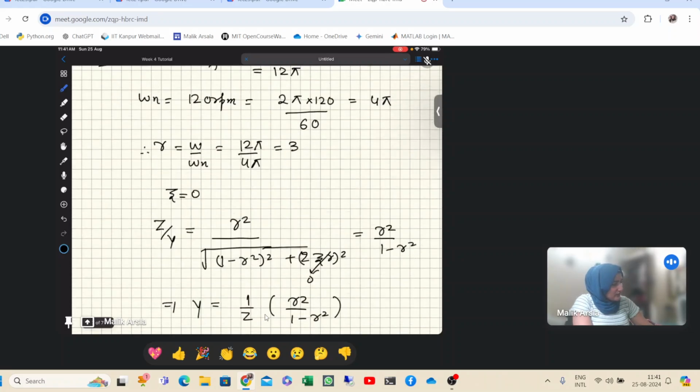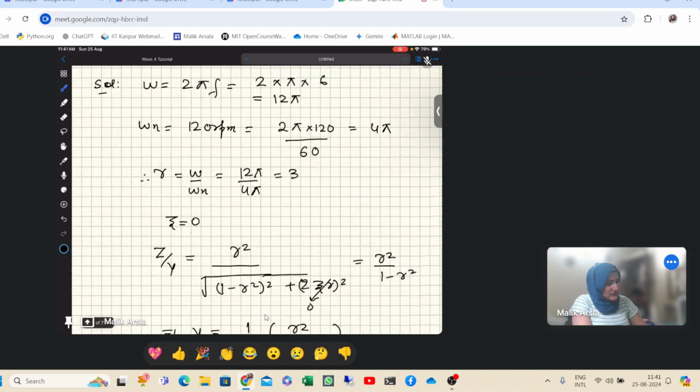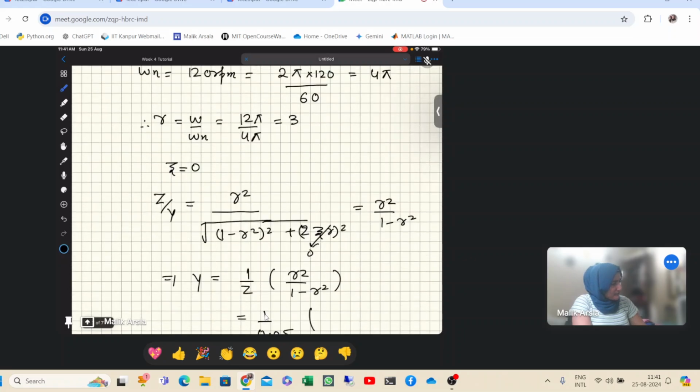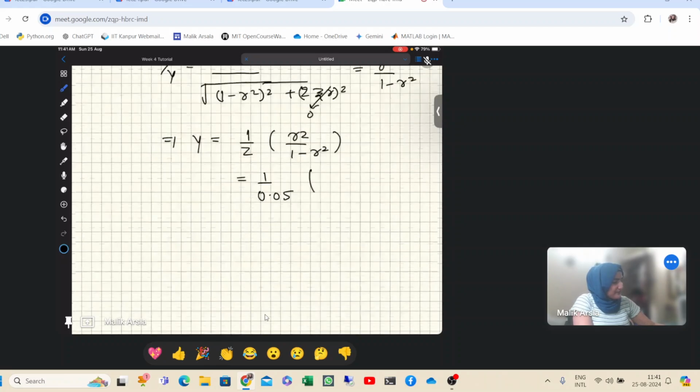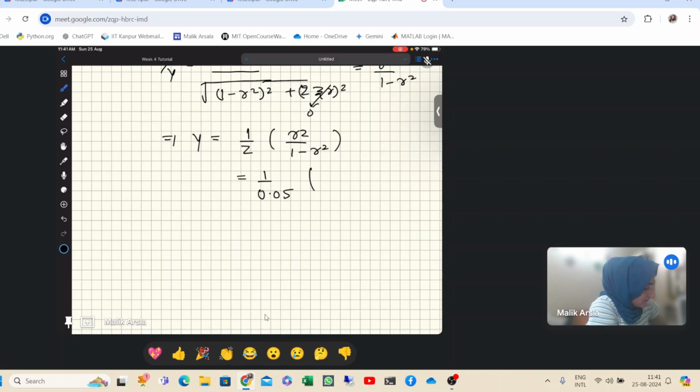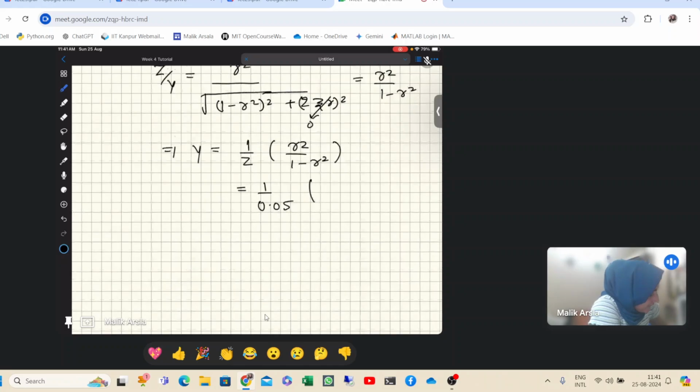Oh, sorry. 4, 3 are 12, so it will be 3. Or maybe this is 3 pi. No, okay. So on my notes I have made a mistake. I have put R as 3. So sorry, R as 4.